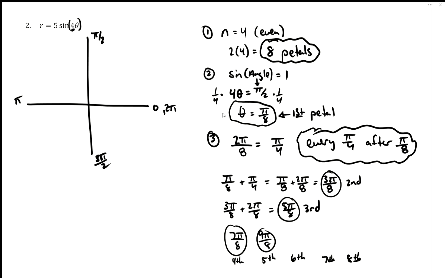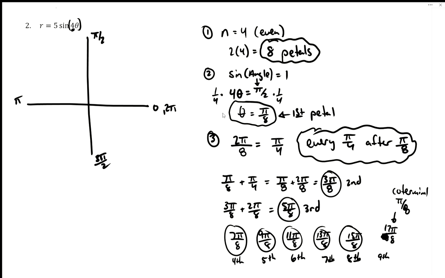Another odd number up in the numerator: 11 pi eighths, then 13 pi eighths, 15 pi eighths. If I kept going, the 9th would be 17 pi eighths, the next odd, but that would be coterminal with pi eighths. That's a good sign. We're back to the very first petal, so there is not a ninth. The ninth is the same as the first.